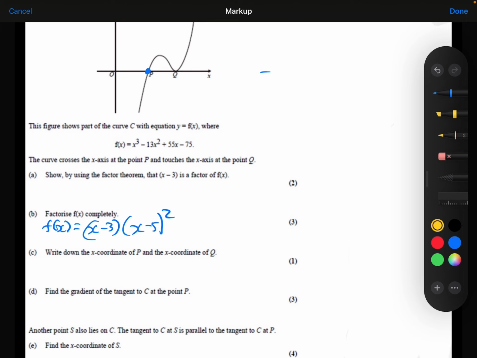Well, that's going to be when x is equal to 3 because of this. And then we need to work out the x coordinate of point Q, which was where we had a repeated root because the curve went through at point P but touched at point Q. So we had a repeated root at point Q, which is going to be at x equals 5 because of the repeated root at x equals 5.